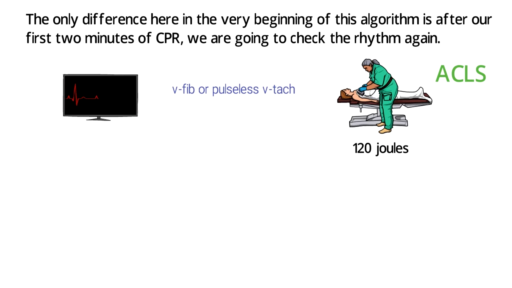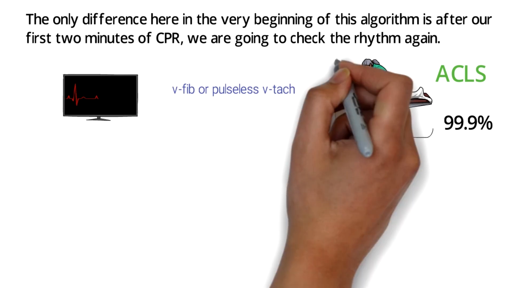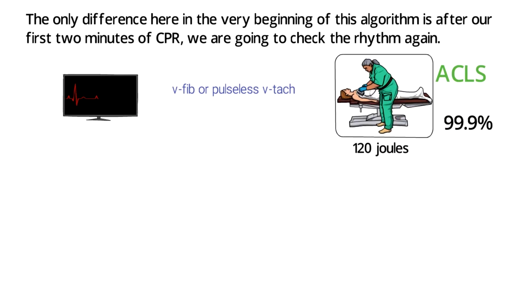And these are on the biphasic defibrillators that are in probably 99.9% of the hospitals across the country. Biphasic means that they give electricity in 2 directions. Like you put one pad on the front, one pad in the back, and electricity is coming at that patient's heart from the front and the back. So the 120 joules is assuming that you have a biphasic defibrillator.